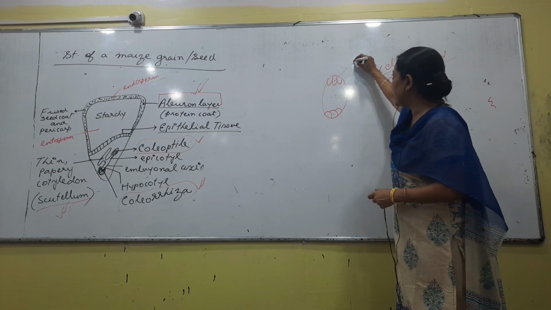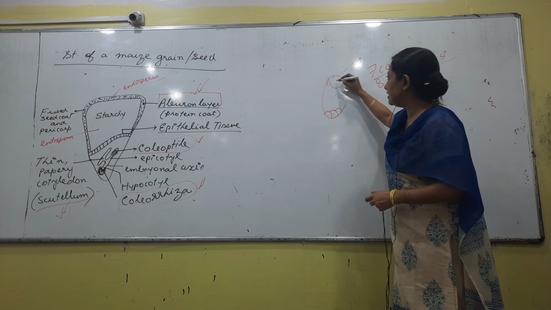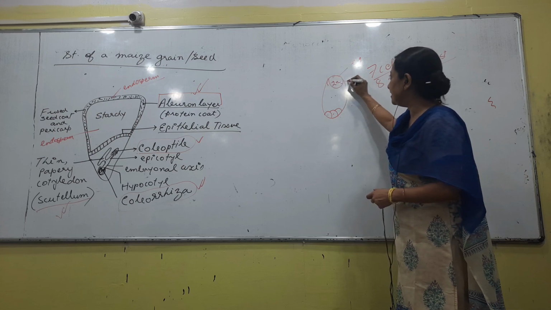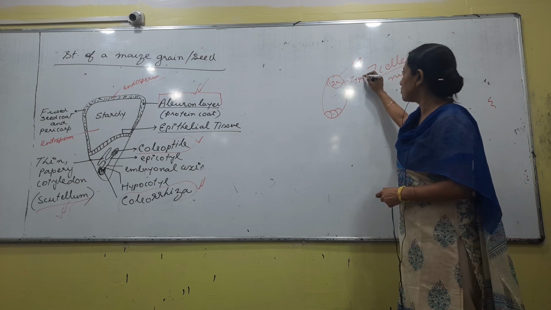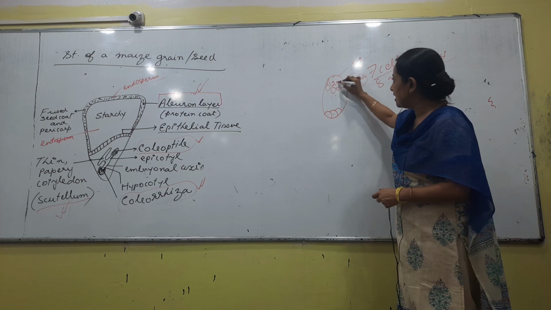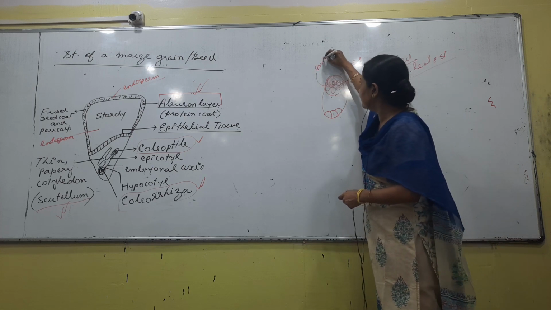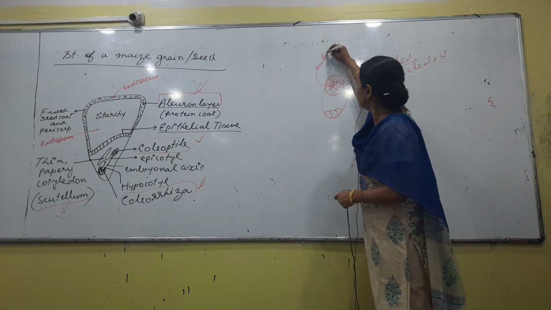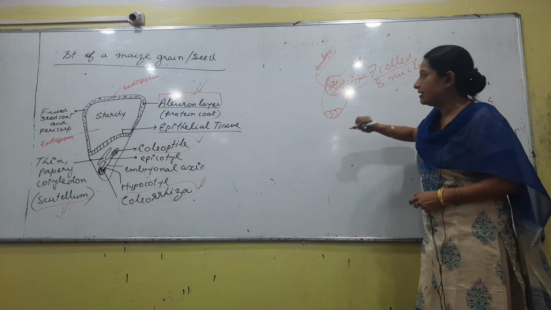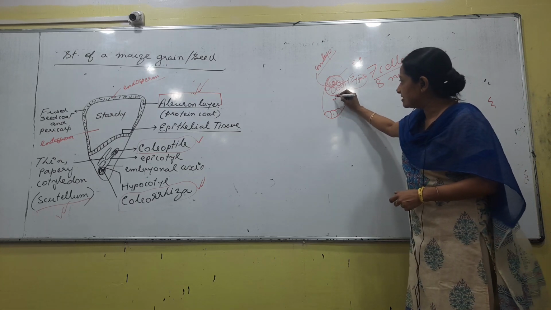If this is the egg, here the pollen tube will come and fertilize, and ultimately they will form a diploid cell, and this is what is called the zygote. This zygote will divide and redivide and form a group of cells, and this entire portion would be called the embryo, right?